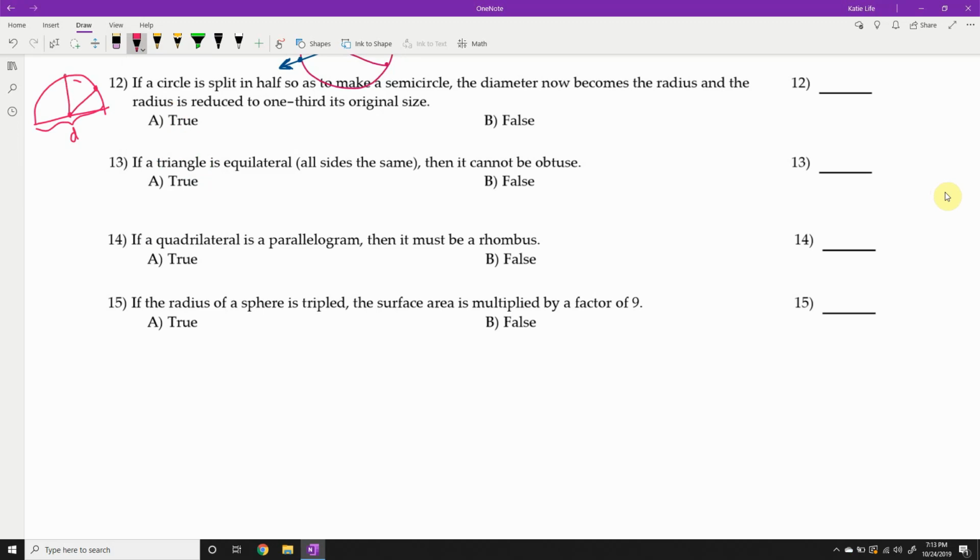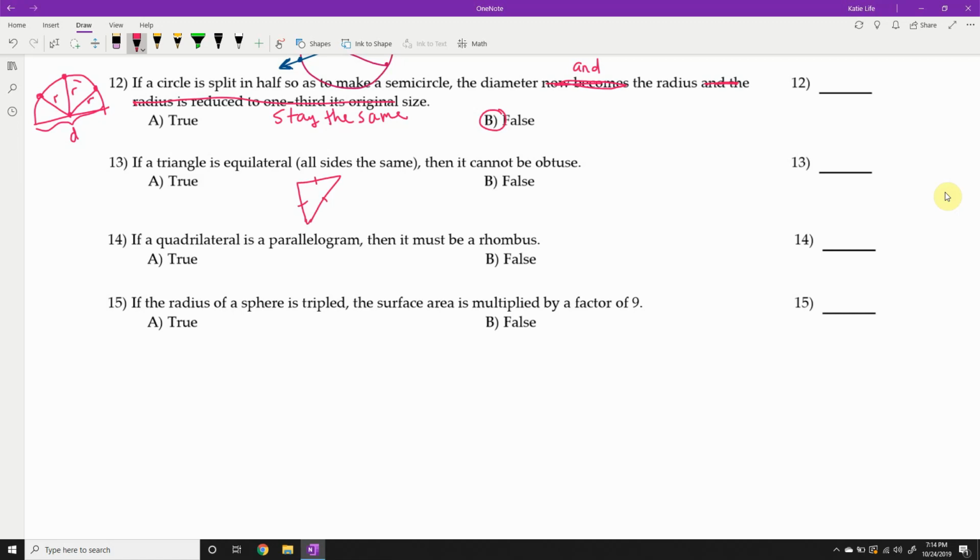All of those spokes of the wheel, if you will, are still going to be the same size r. So this is false. The diameter and the radius stay the same size.